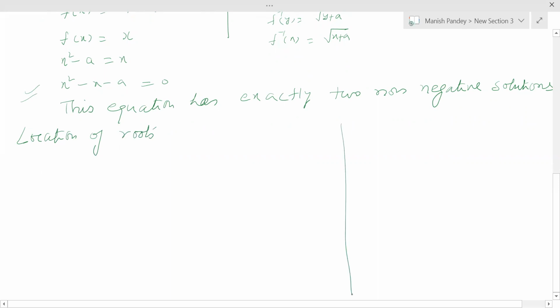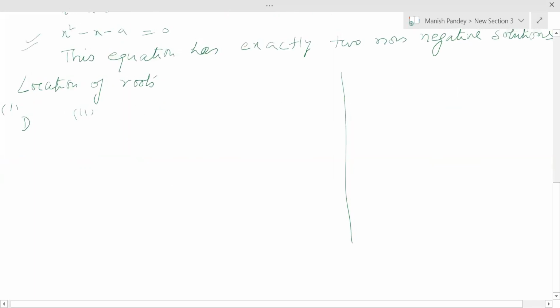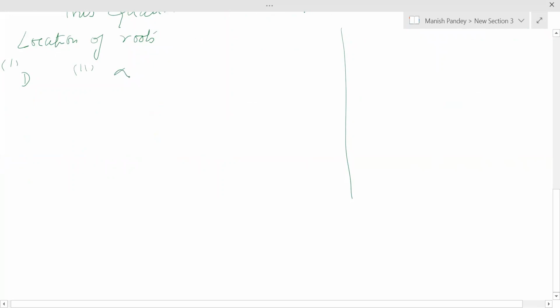We can do it in two ways, by graph or mathematically. So whenever a location of roots problem comes, we have to take conditions on the discriminant, on alpha plus beta by 2, and on the value of the function at alpha beta.